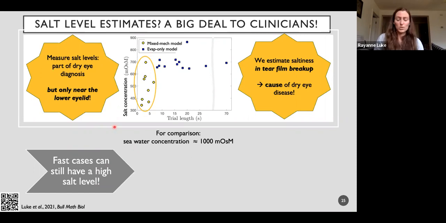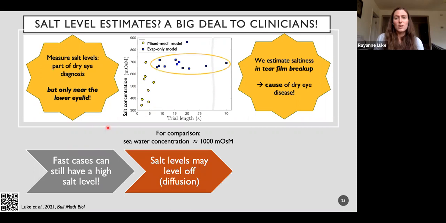And this was a bit of a surprise to us. We also thought that salt concentration may go with trial length, but we found that this is not the case. There is some sort of leveling off that may occur that we attribute to diffusion. So eventually, once there's enough buildup of concentration, diffusion is just going to reach an equilibrium, removing it from the breakup region.